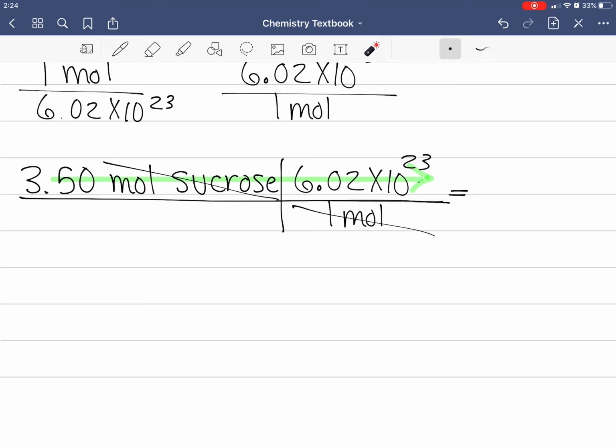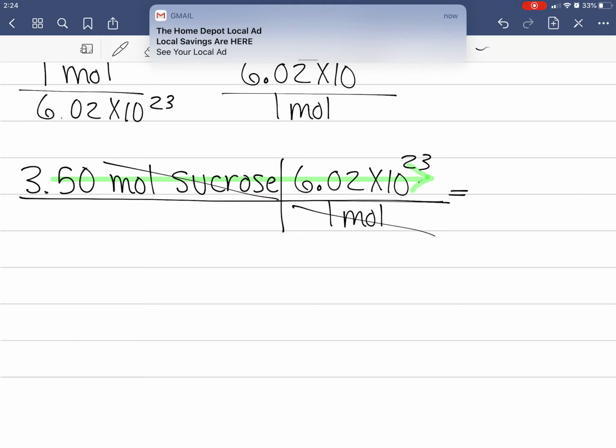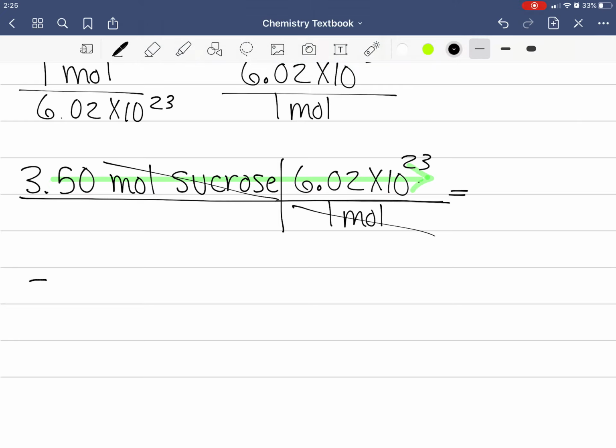So try to keep parentheses with it because it will help a lot whenever you're dividing and multiplying. It will keep that number together. So this is what I mean by parentheses. You're going to write 3.5 times 6.02 times 10 to the 23rd.